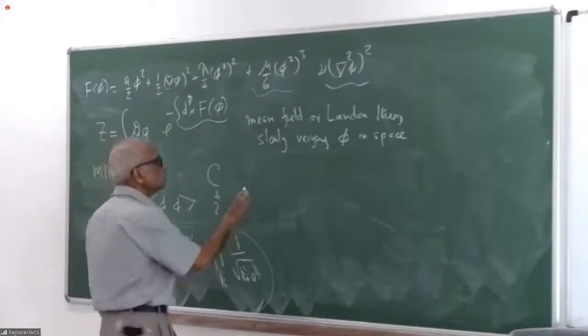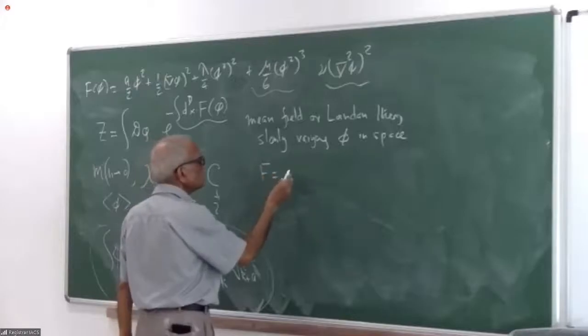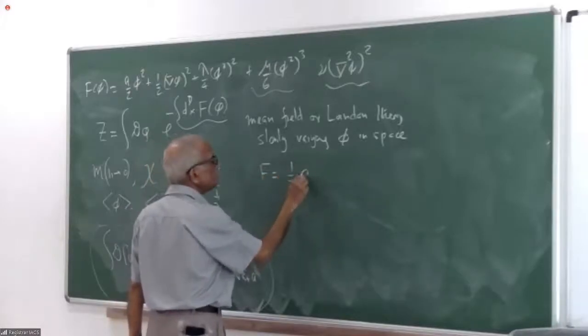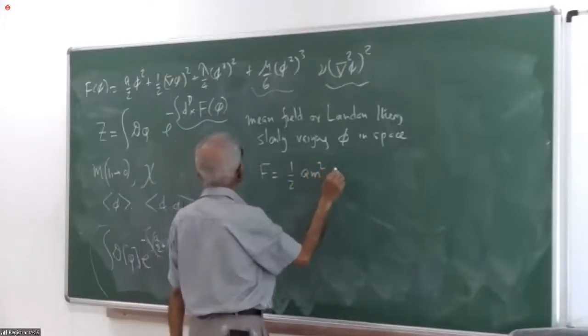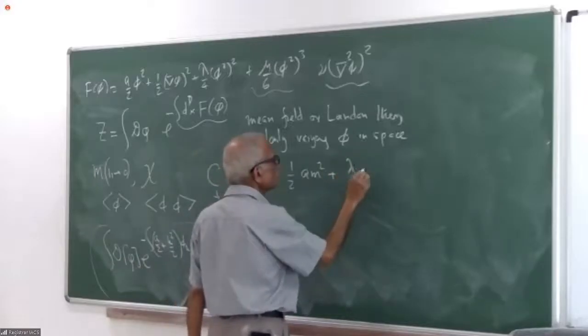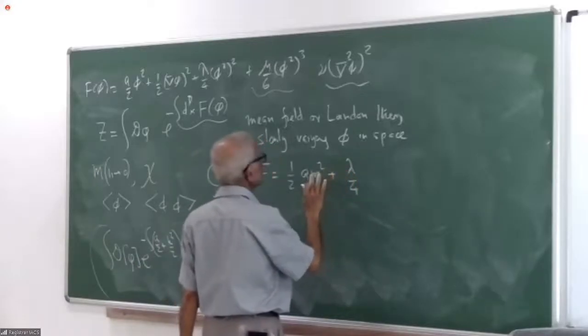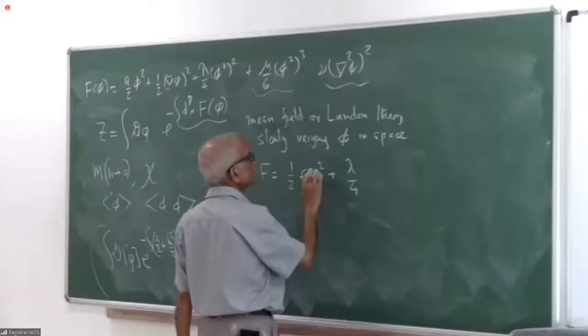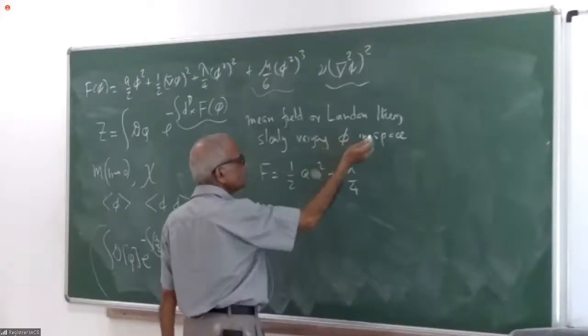Then the free energy is half A m square plus lambda over 4 m to the fourth.